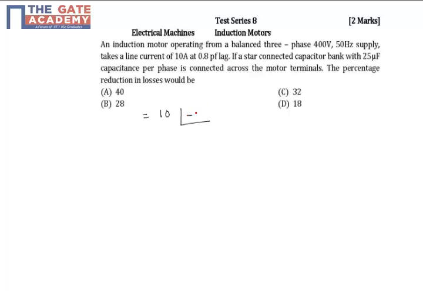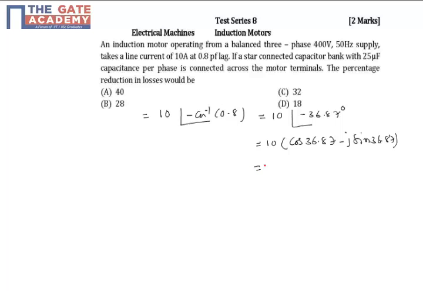So that means the angle is minus cos inverse of 0.8. So I can write this as 10 at an angle of minus 36.87. That is also equal to 10 into cos of 36.87 minus j sin of 36.87.